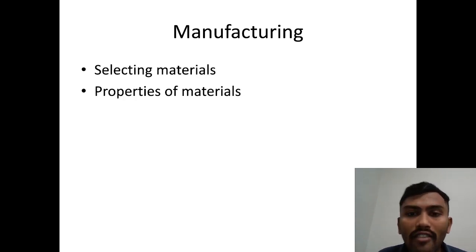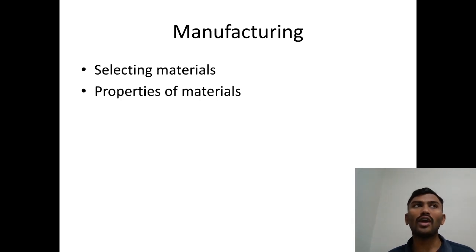In manufacturing, mostly two things we have to make sure of: the selection of the material and the properties of the material. These two are very important factors in manufacturing. First of all, we have to select a good material for our product, with good properties.